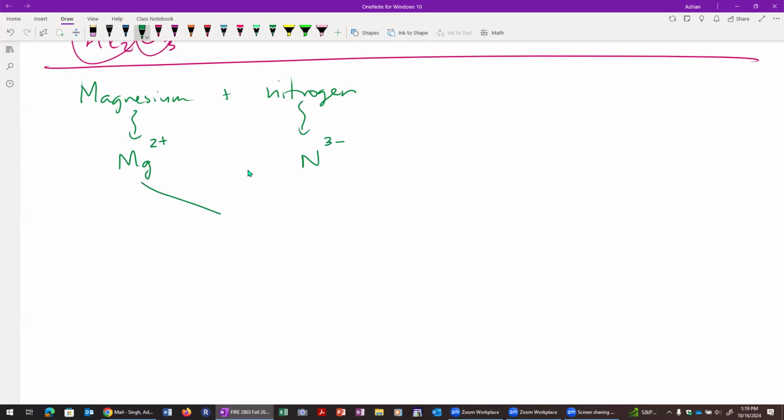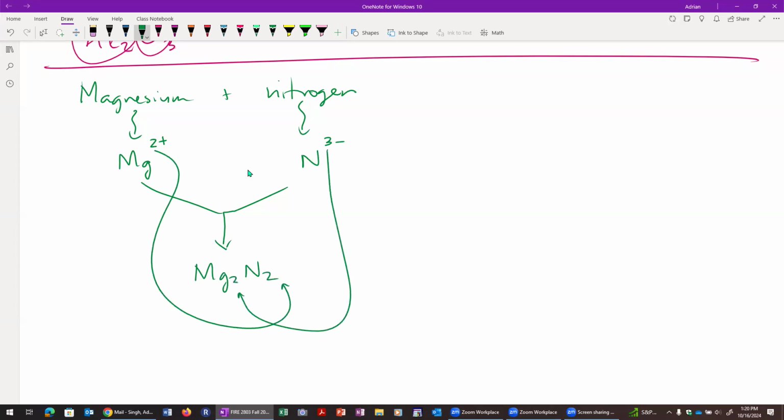All right, we're going to combine these. We can do the crisscross, cross charge, whatever you want to call it. So we have our Mg, we have our N. So the 2 here, and the Mg becomes the subscript on the nitrogen, and then the 3 becomes the subscript on the magnesium. So we have Mg3N2. So when we name it, first name comes from Mg, which is just magnesium. Okay, and then N is nitrogen.